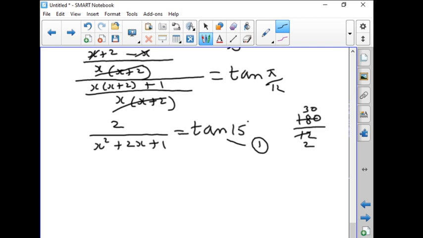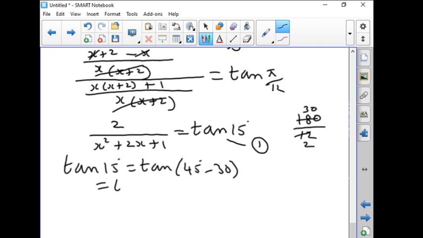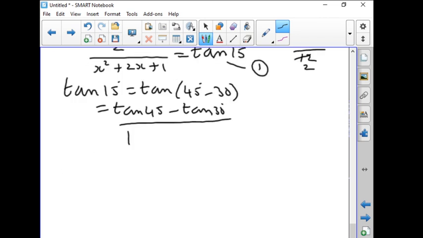Okay. So what is the tan 15? Tan 15 is equal to tan 45 minus 30. So it is equal to tan 45 minus tan 30 by 1 plus tan 45 into tan 30.